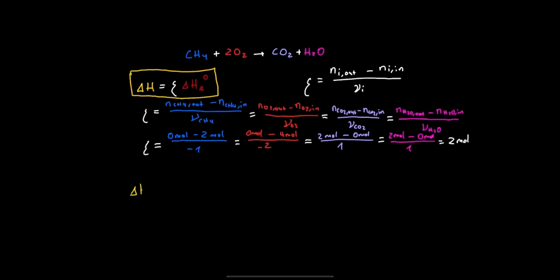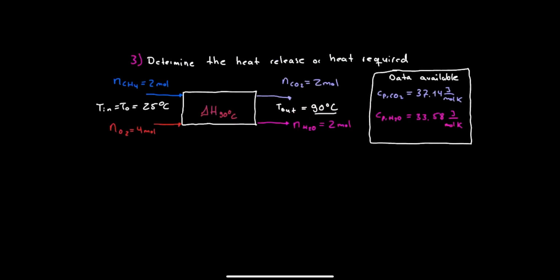So delta H is going to be equal to 2 moles, which is the extent of the reaction, times the reaction enthalpy, which we calculated in the previous task. It's going to be equal to -1118 kilojoules.